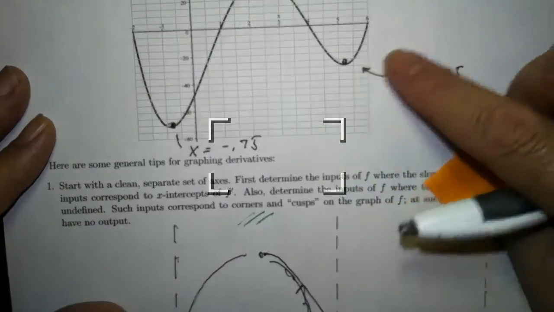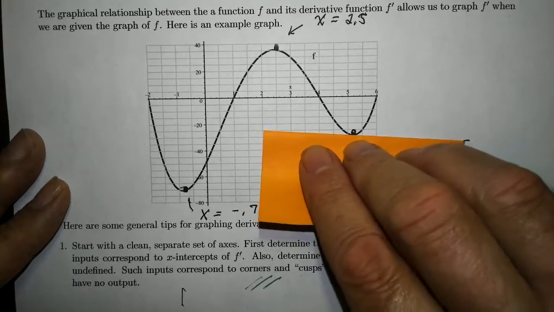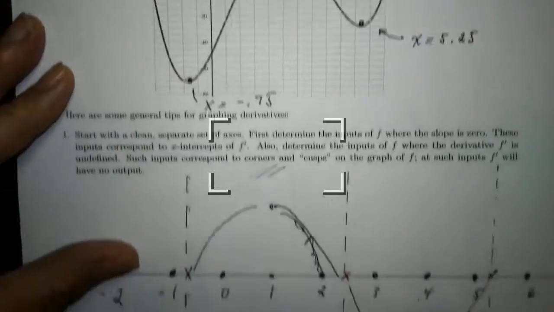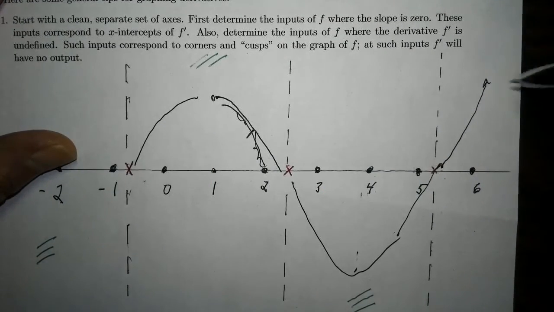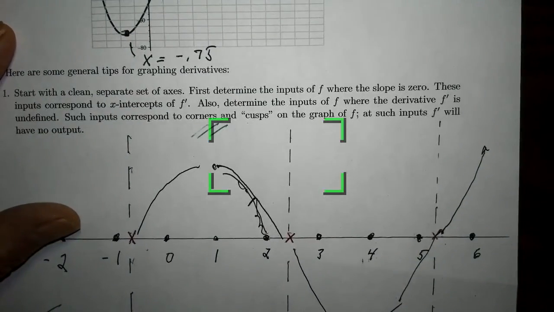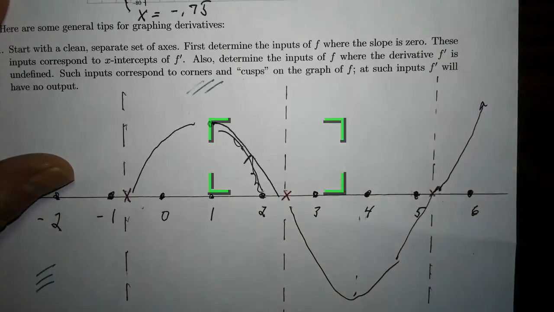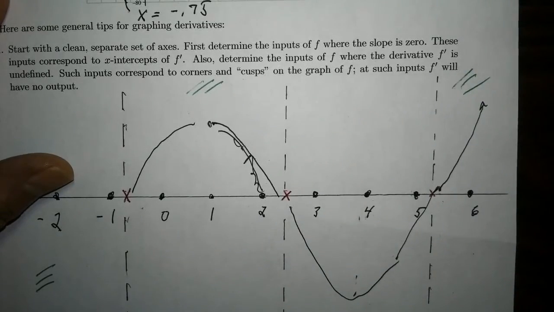Now, to the right of 5.25, here the slope is 0. Slope is getting larger, larger, larger, which means the derivative has to be getting larger positive over there. Yeah, I forgot to account for that zone over here. So the derivative of the function was increasing in here, which means the derivative function had to live up there.